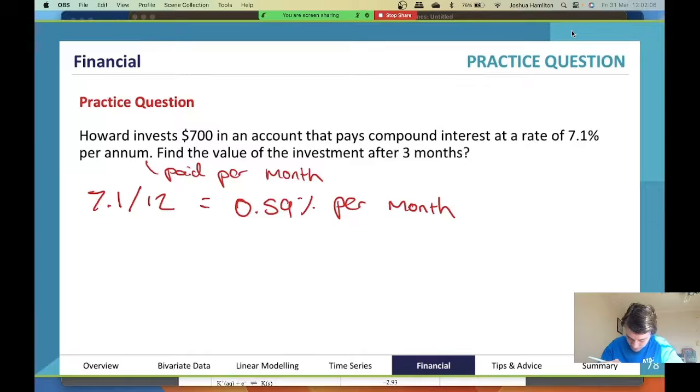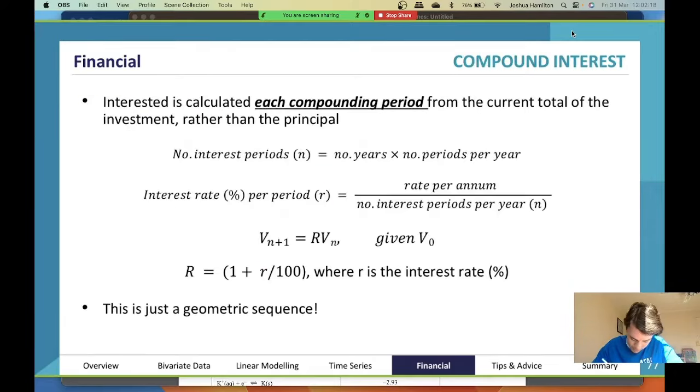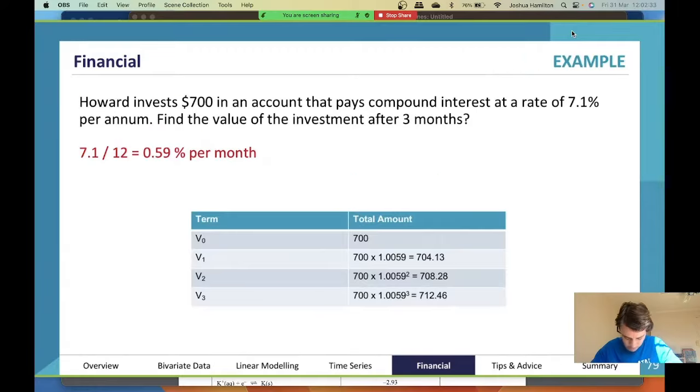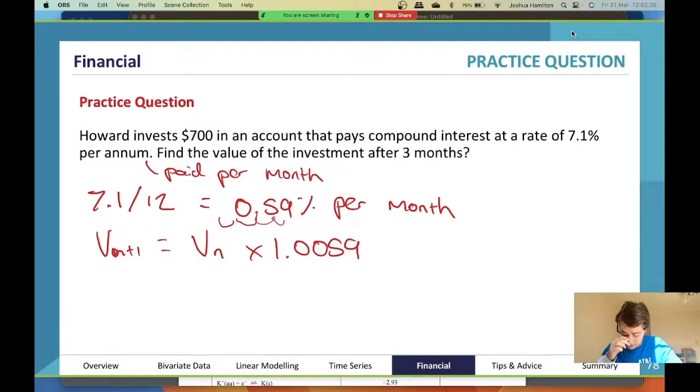It is actually going to be V_{n+1} equals V_n times 1 plus R divided by 100, so 1.0059.